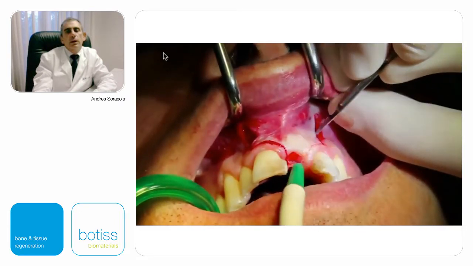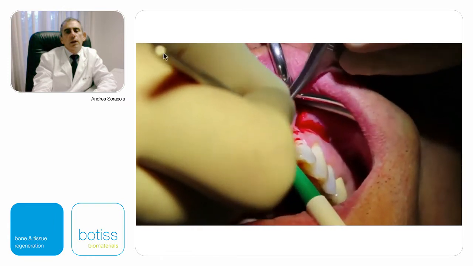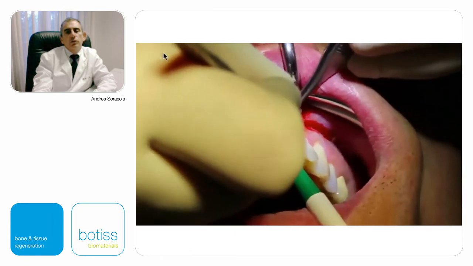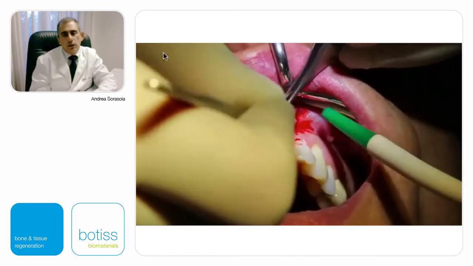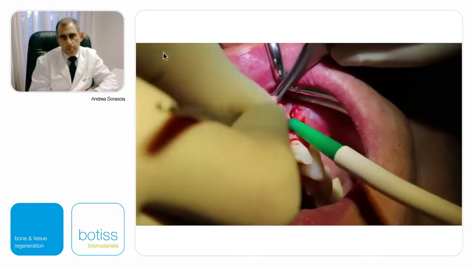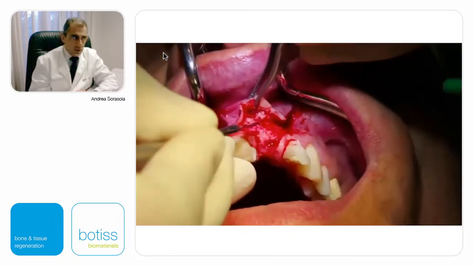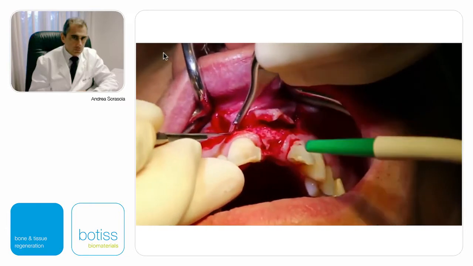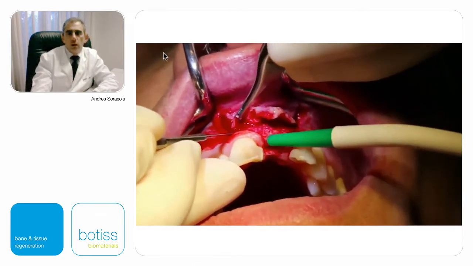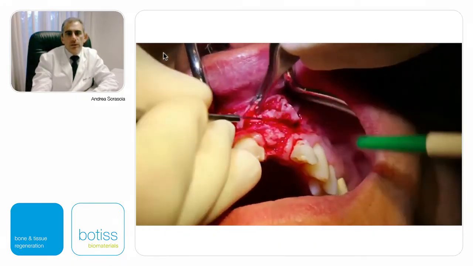Here, I want to show you the bone regeneration and the thickness of the tissue. So, insert the implant.